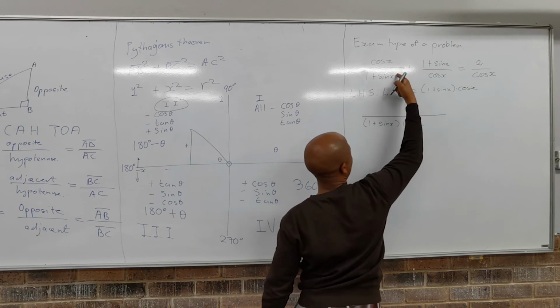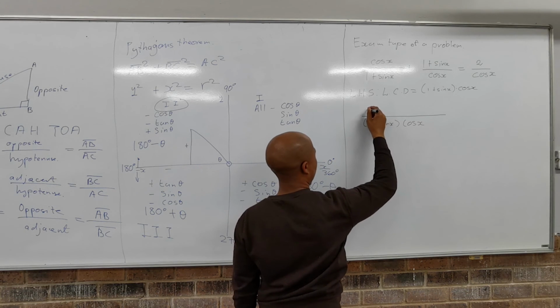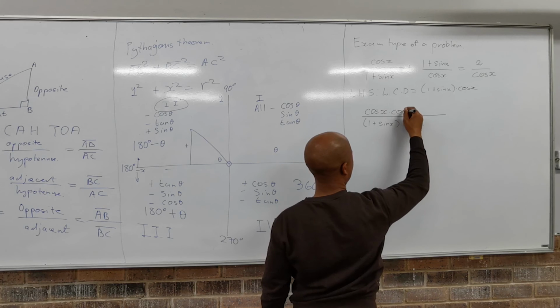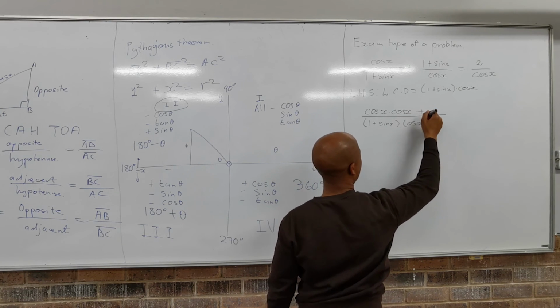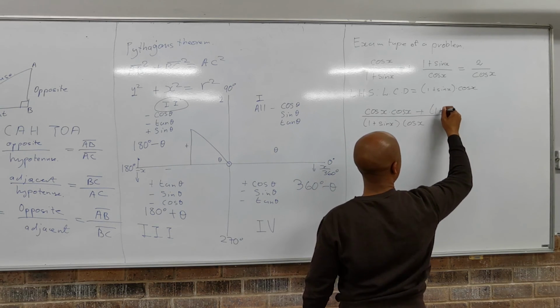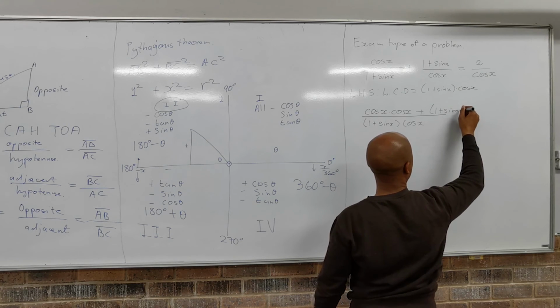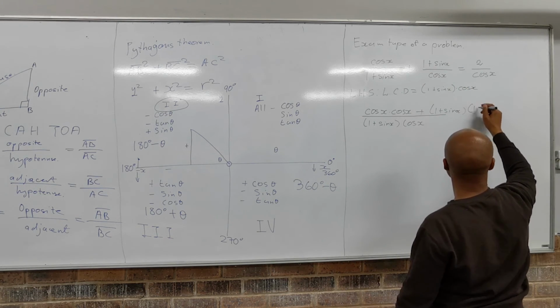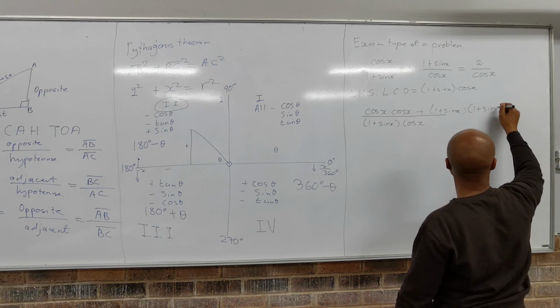This goes there, this goes there. We have cos x multiplied by cos x, plus 1 plus sine x multiplied by 1 plus sine x.